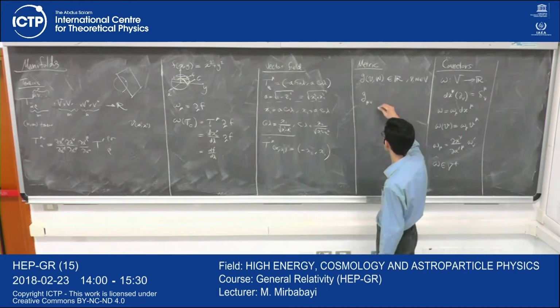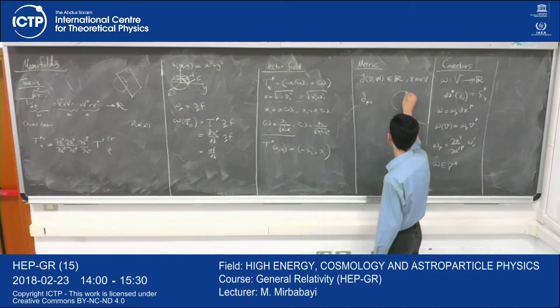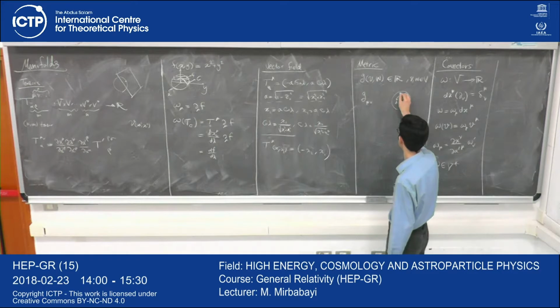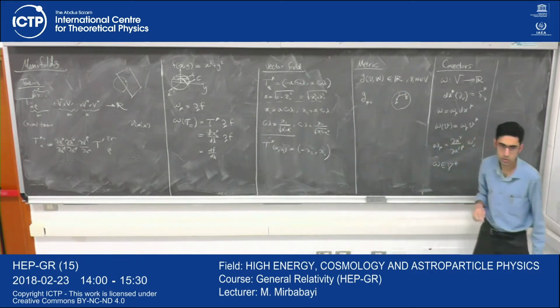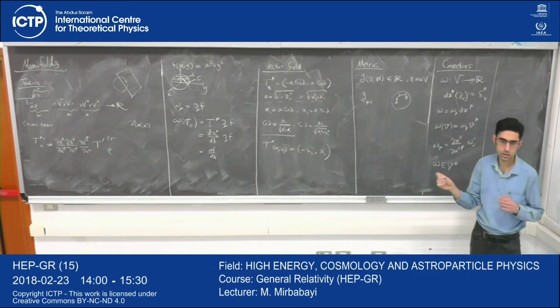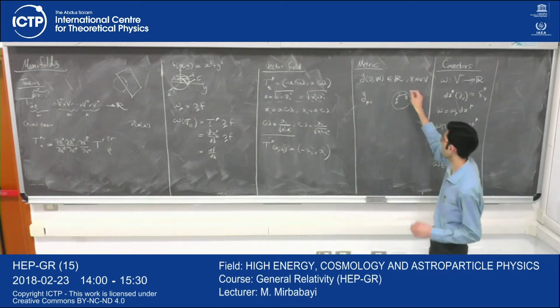So one thing that I can do here is that if I have a curve between points A and B, then I can use this metric to measure the distance along the curve.